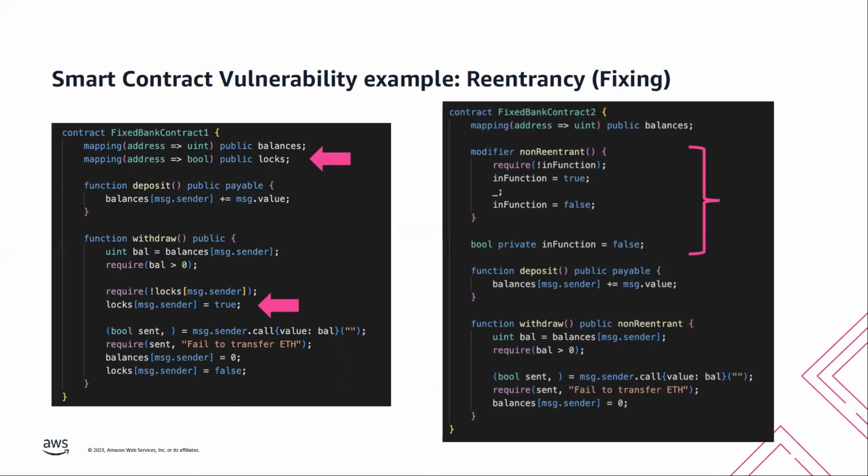For example, you can add a lock to ensure that before the whole function finishes, you are not able to call it again. And you can use a modifier to add a state to track this. These are simple examples of how we can protect the code within the smart contract. Different chains, different smart contracts and different languages have different things, so we need to be careful.